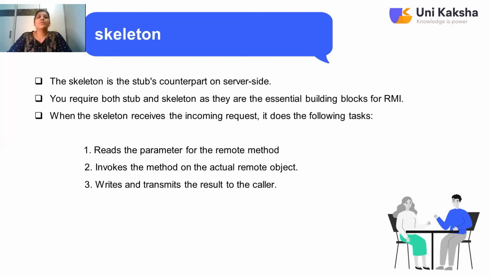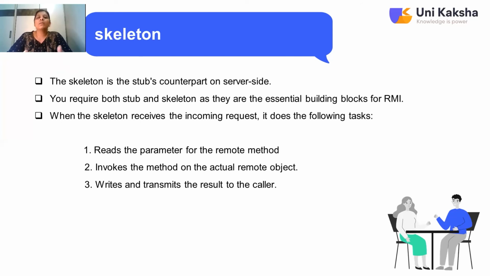Whenever you want to perform distributed communication between two different Java applications, or make a communication between two different JVMs, at that time you require RMI, and with RMI you always require these two objects, stub and skeleton, because these two objects are considered the essential building blocks of RMI.